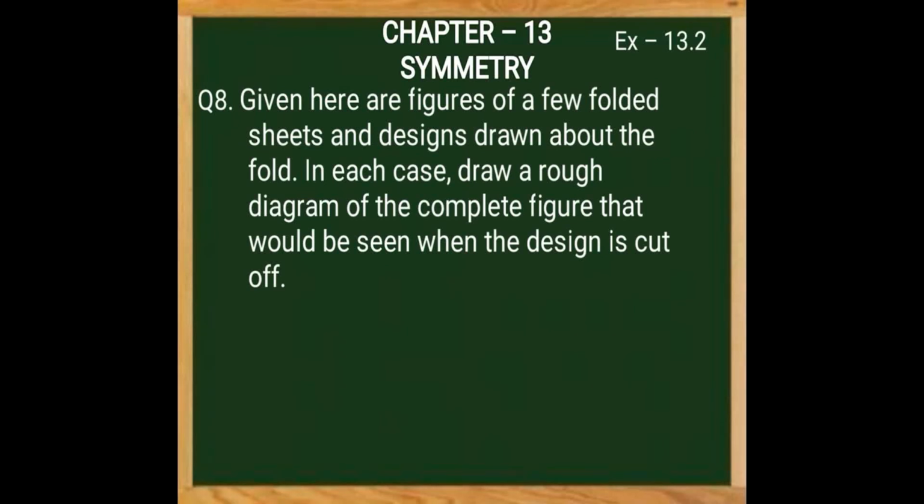That means they have given a few folded sheets with some designs drawn over them. You need to work out what the design would be if the sheet is opened after the design has been cut out. So what would be the design which you will get? This is what they have asked from us.